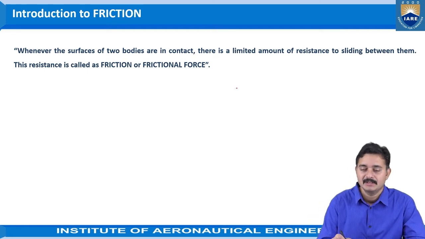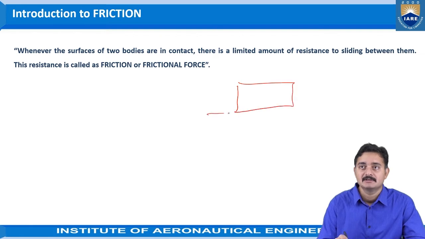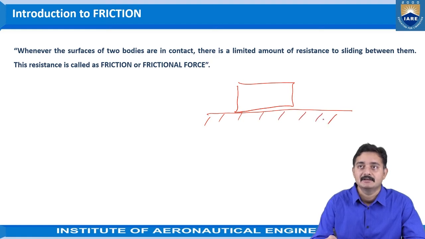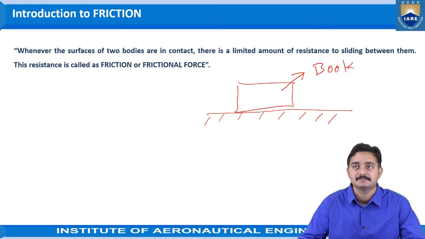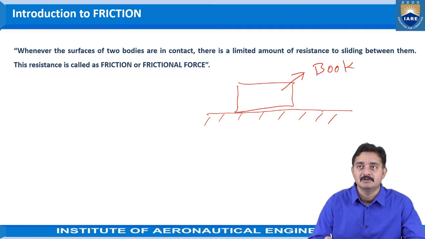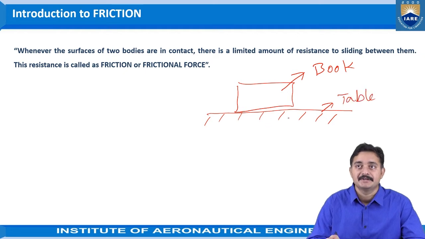For example, let us consider two bodies, a table and a book. Let us say a book is placed on a table. So this book and table are in contact here.